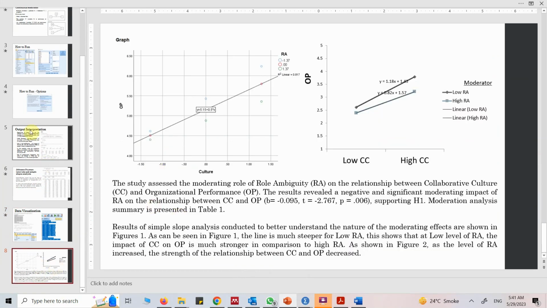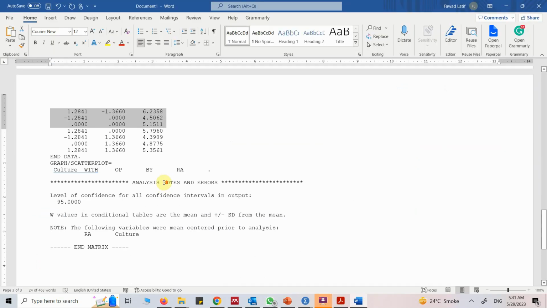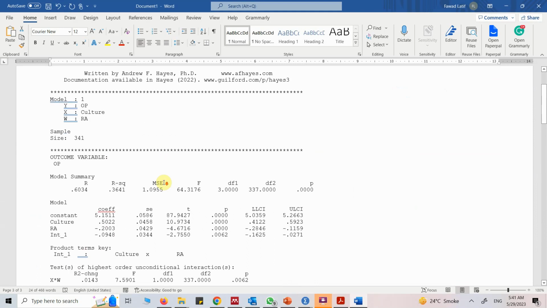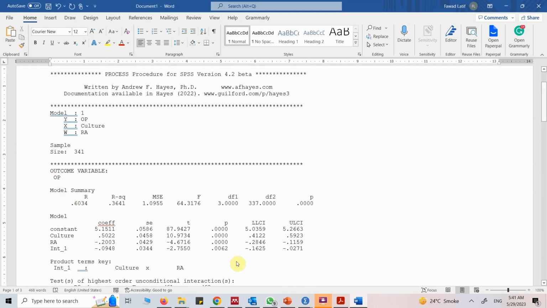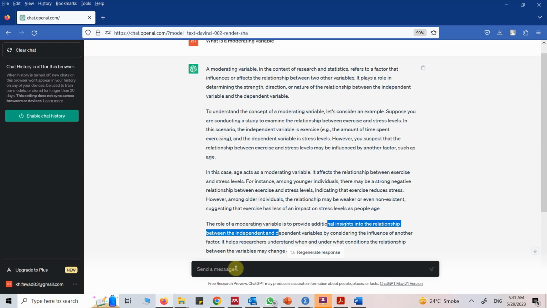Now here is the output, but before we go for the output and understand these results, let's use ChatGPT. Now that we understand the whole concept, let's use ChatGPT for it. The way I prefer is that you understand these results and then ask ChatGPT by providing it a summary.